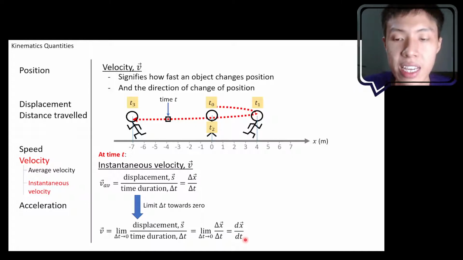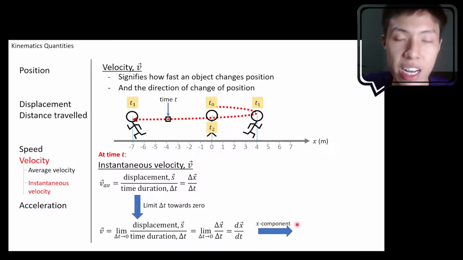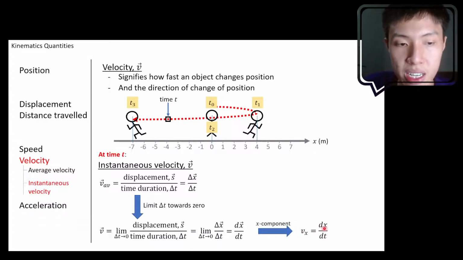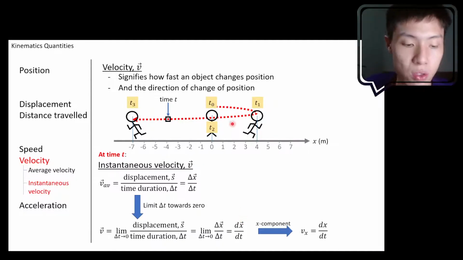Again, since this is a vector, if you want to do calculation, we resolve it in the x component, and you get vx equals dx over dt. Here vx is the x component of velocity, and x is the x component of the position. So let's graphically try to express what we're saying.